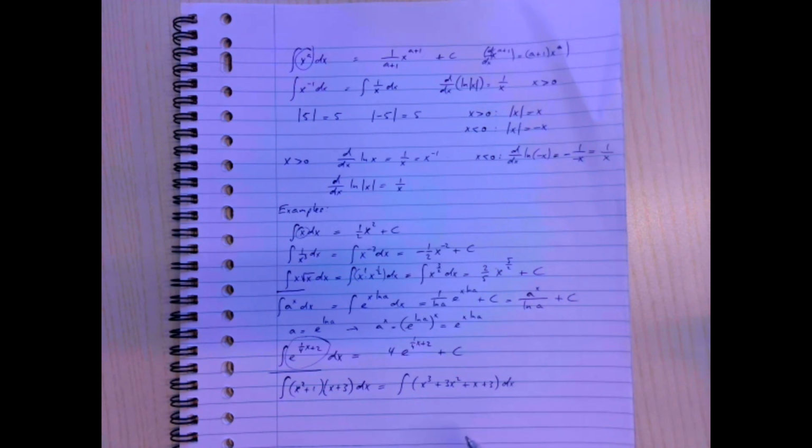Now all is again well, because here we have just a sum of powers. Can we deal with the sum of powers? Yeah, the indefinite integral of a sum of powers is just the sum of the indefinite integrals. So we'll do that. Well, the indefinite integral of x to the power 3 is going to be x to the power 4, except that I have to divide by 4 to get rid of that 4.